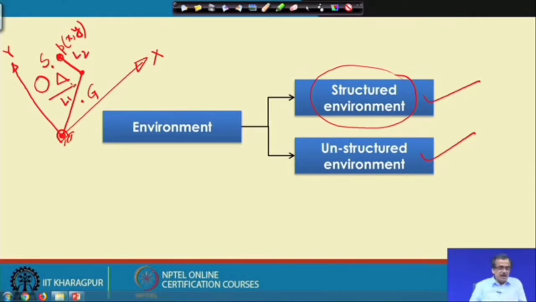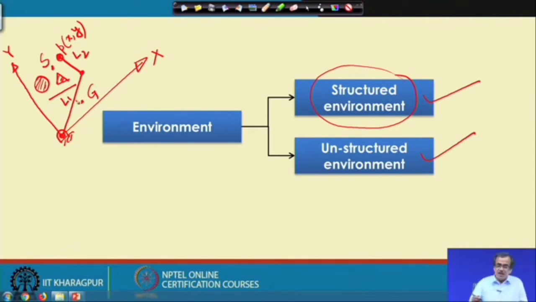Now, here the environment is known, this is a structured environment. Okay. So, we know these static obstacles, we know their locations, and I know my problem: the tip of the manipulator should start from here and reach this goal. Okay. And this type of environment is known as the structured environment.